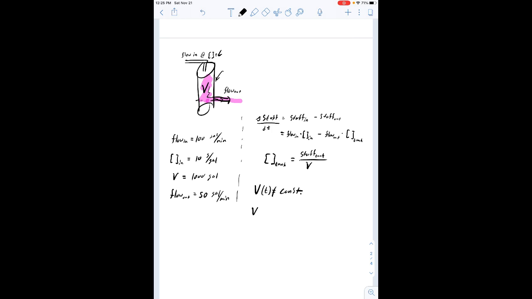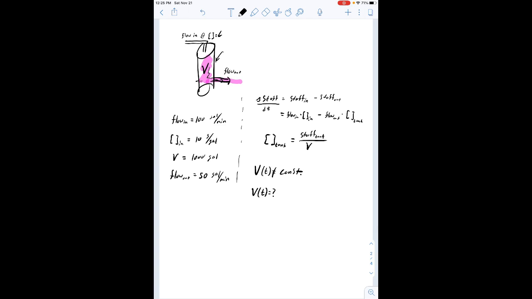So what is my V of T? Well, it's just going to be V initial plus time times the change in flow. So this change in flow is my flow in minus my flow out, right?